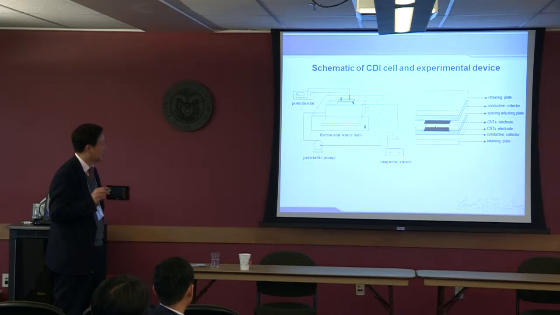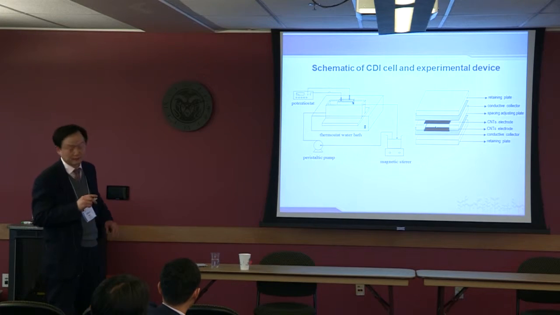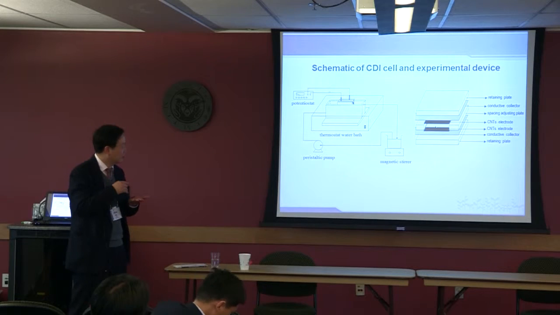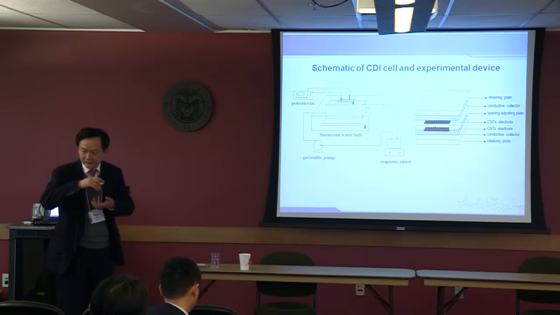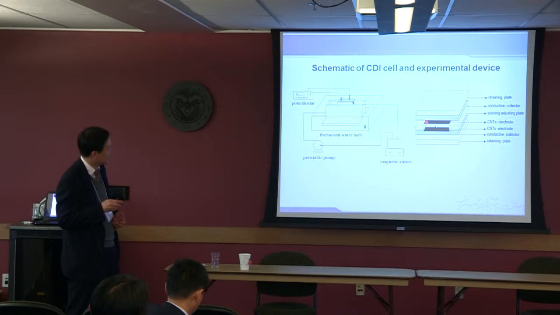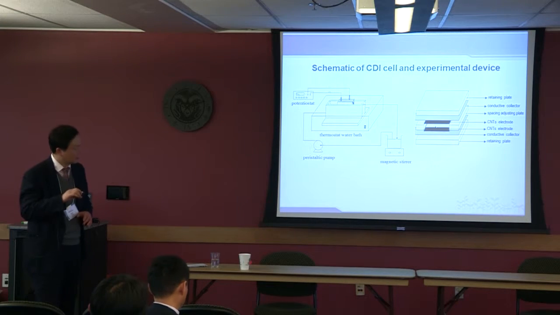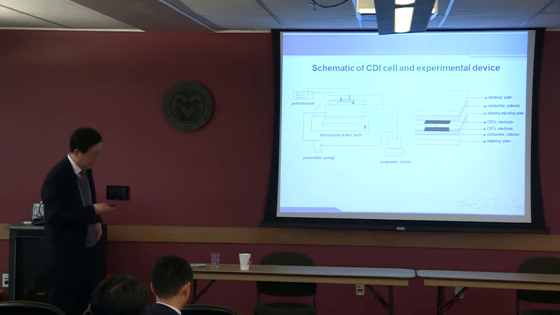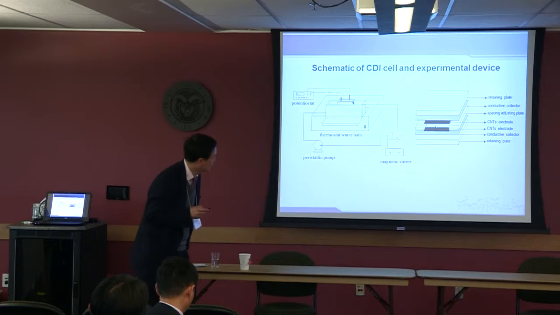Once we get the plasma activated carbon nanotubes, we mix with some polyethylene, then just scrape it onto the stainless steel wire mesh, so we made the electrodes shown here.